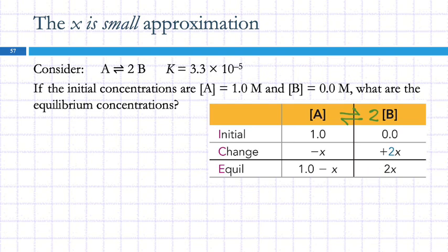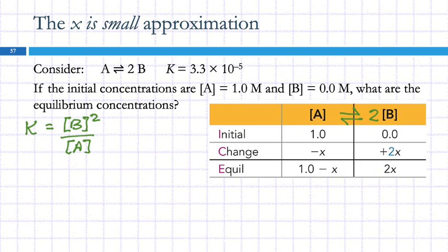Then we write the equilibrium constant expression based on the chemical equation. So for this one, it's products over reactants. So we've got B, and that's going to be squared because of the coefficient, divided by the concentration of A. The next step that we did is we've got K and we've got expressions for the equilibrium concentrations.